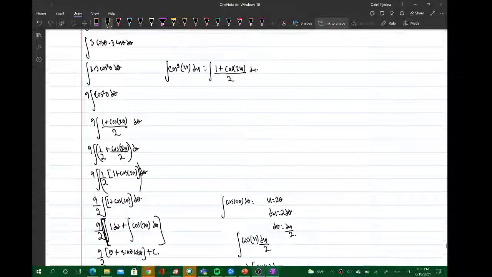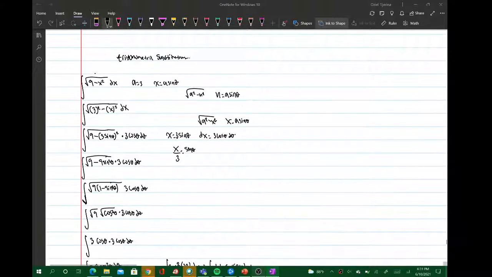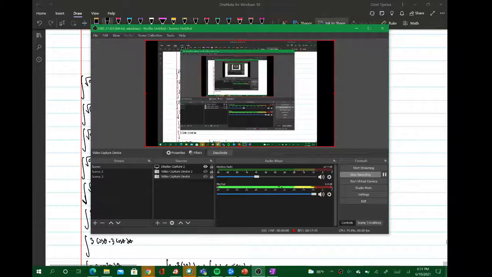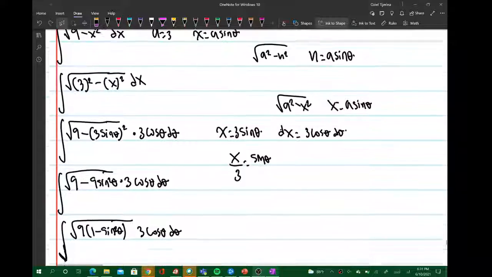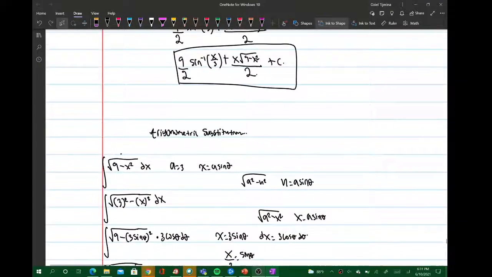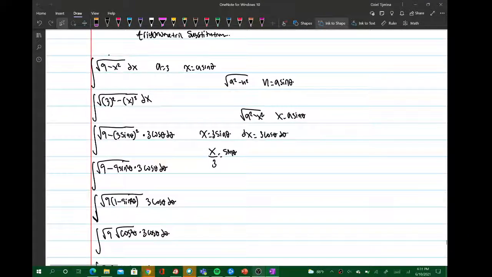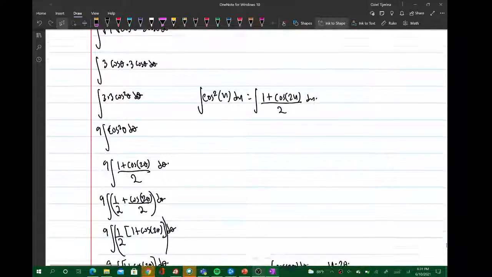Just so everybody knows, these problems are extremely long. This is why, in the future, if and when we do get to these, honestly, these take really, really long to do, and I really don't want to spend a lot of time trying to explain how to do these, because I feel like even doing them myself, it takes me a while.